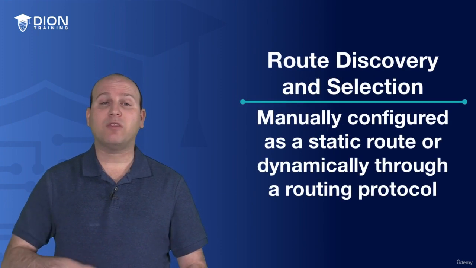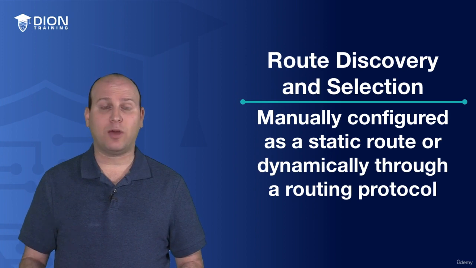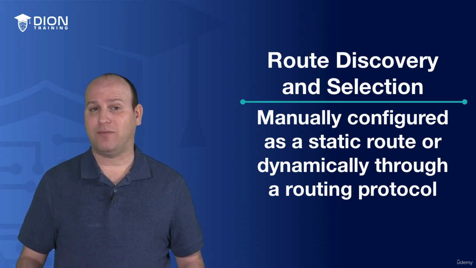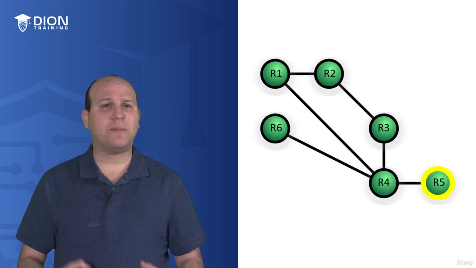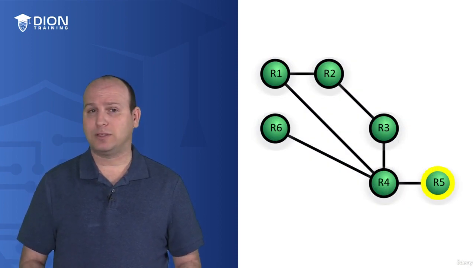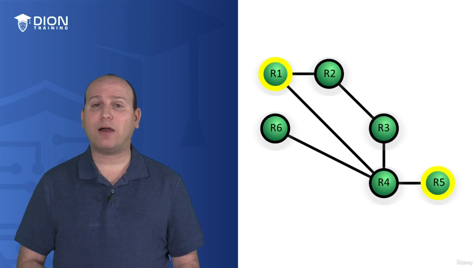But I want you to remember that routing protocols help us decide how data is going to flow across the network and how the routers are going to communicate that information. For now, let's just use the example on the screen to give us a really basic idea of how routing works. Let's say that I'm sitting in router number 5 at the bottom right corner, and I want to get to router number 1. Well, how should I do it?